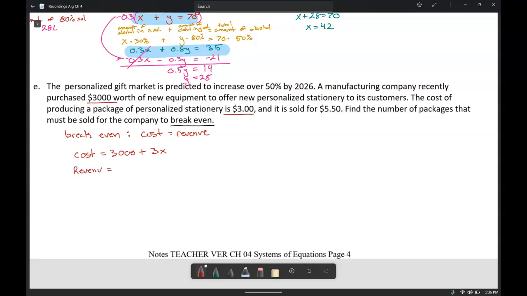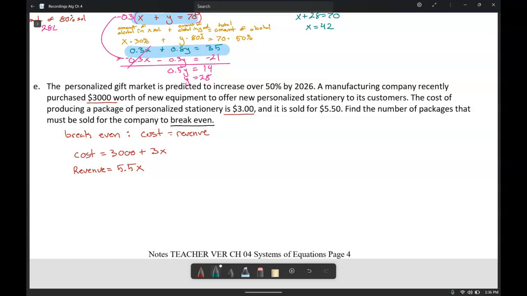Now let's take a look at revenue. Revenue is just the amount of money they make by selling it. We're not talking about profit. That's different. We're looking at the amount of money they earn. And so here it's a much simpler formula where the revenue will equal the $5.50 for every single item they sell. So the break-even point tells us the cost has to equal revenue.